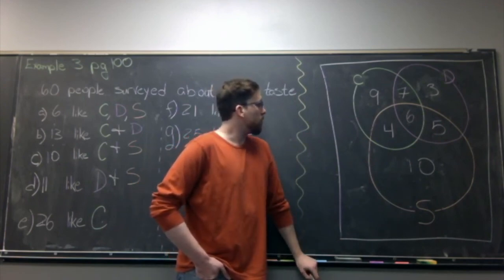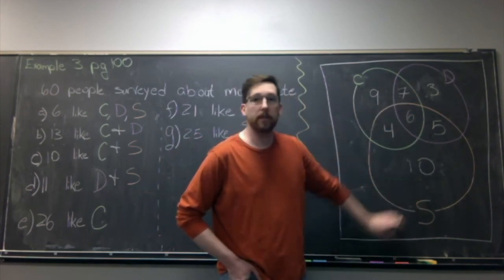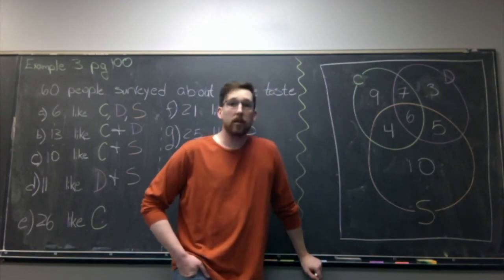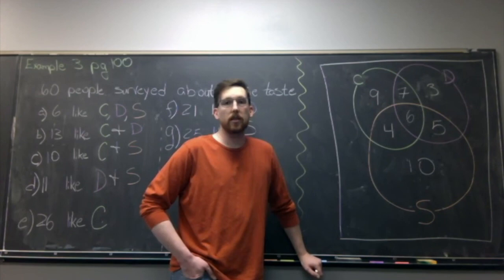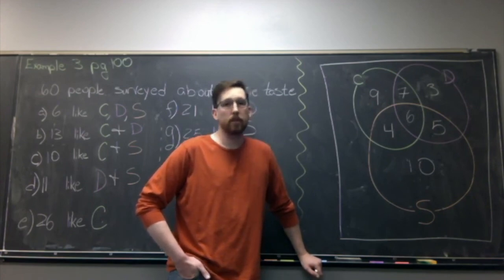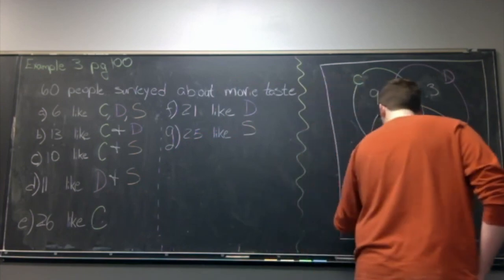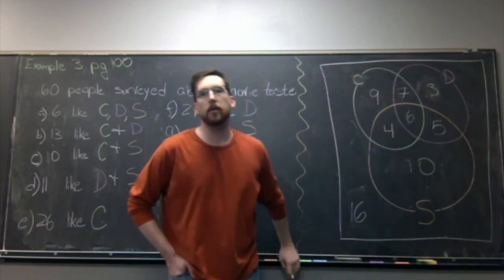All right, 44 people like comedy, drama, and or science fiction. Well, we started off with 60, so we have to subtract 44 from 60. We're going to end up with 16 people. 16 people unaccounted for in all of these other situations.